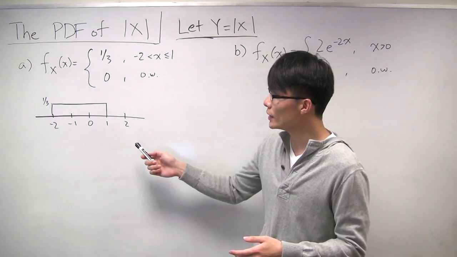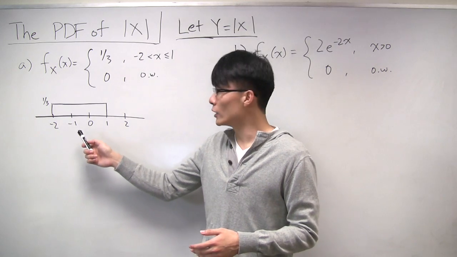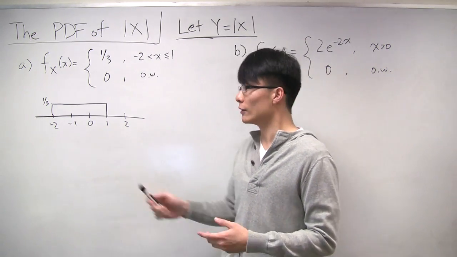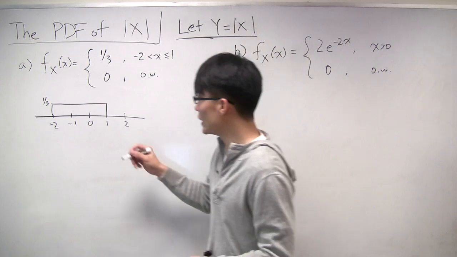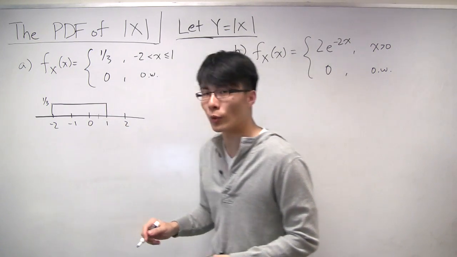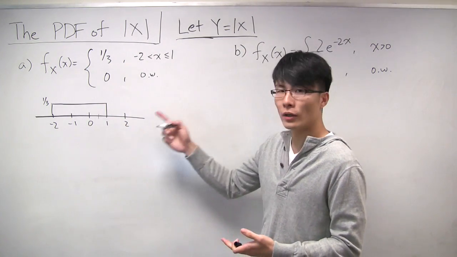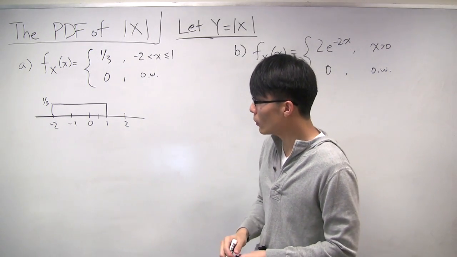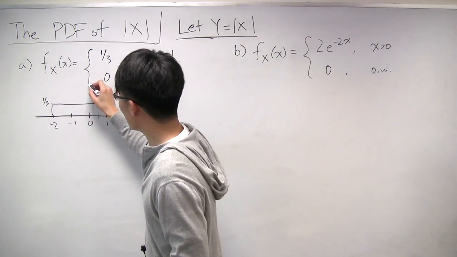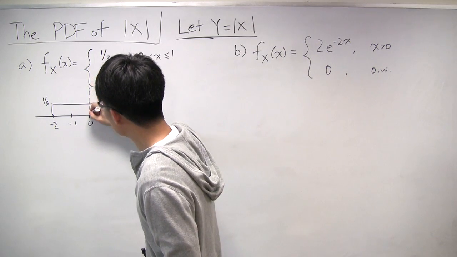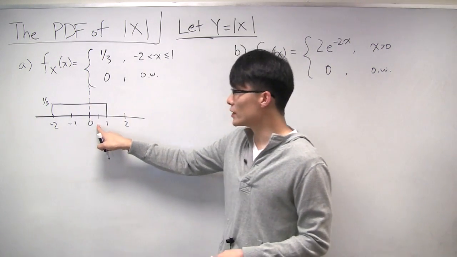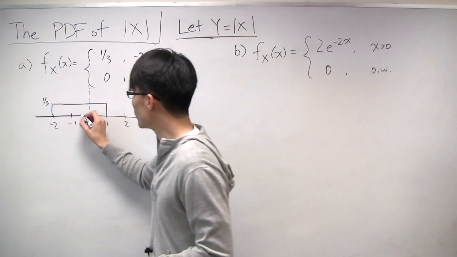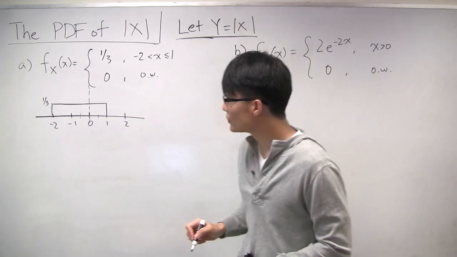And so the analogous idea carries over to the continuous case when you have a PDF. Let's say that we're interested in the PDF of y at 1/2. Well, that again is going to have two contributions, one from where x is 1/2, and one from where x is -1/2.